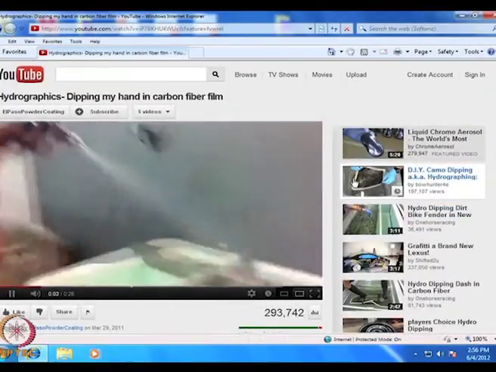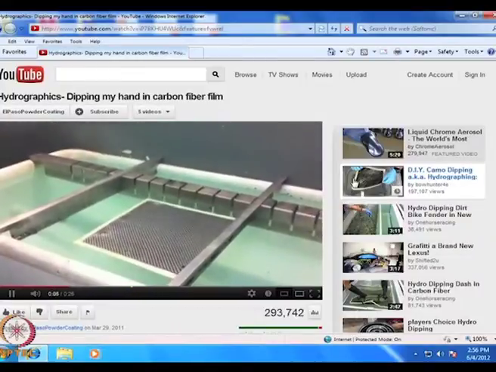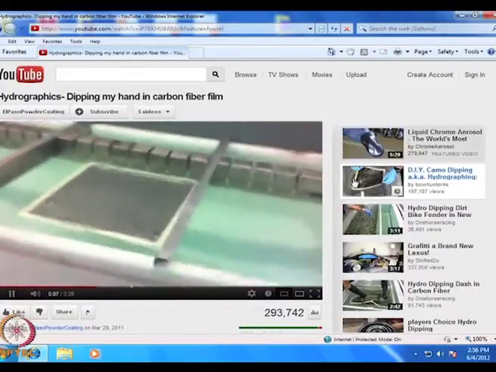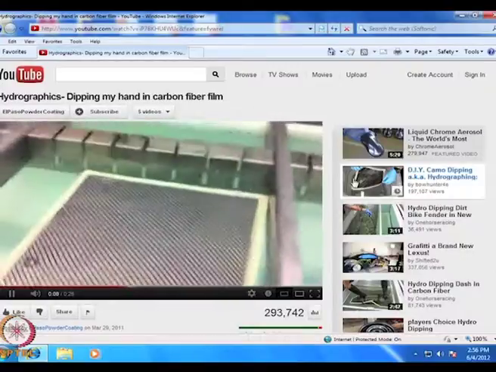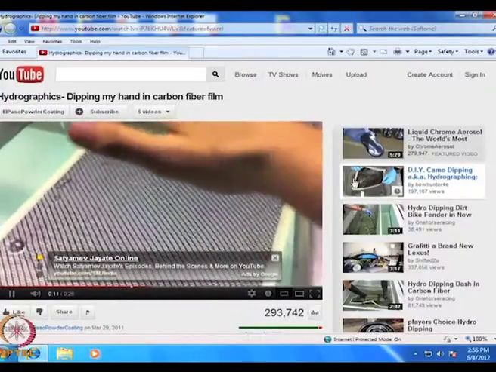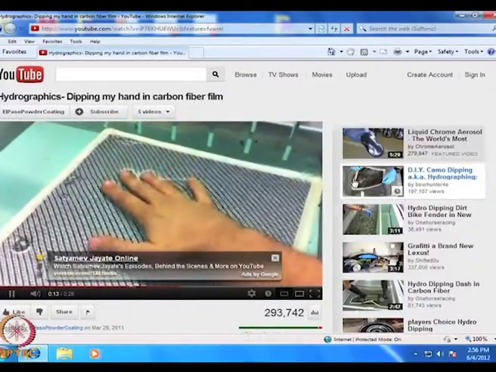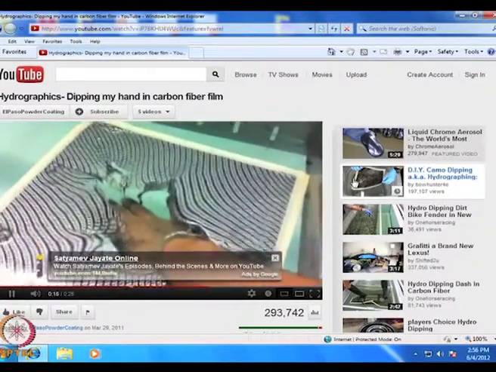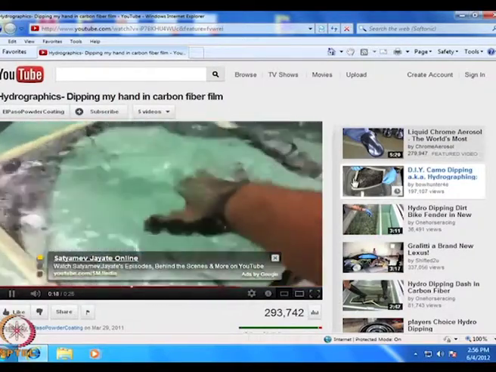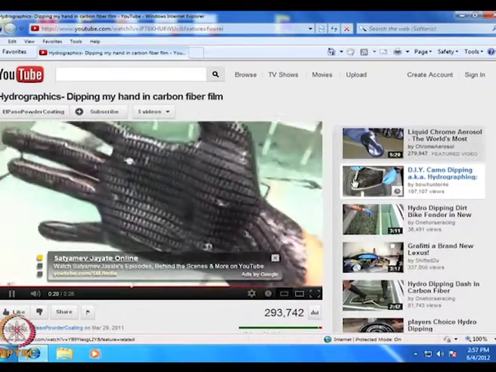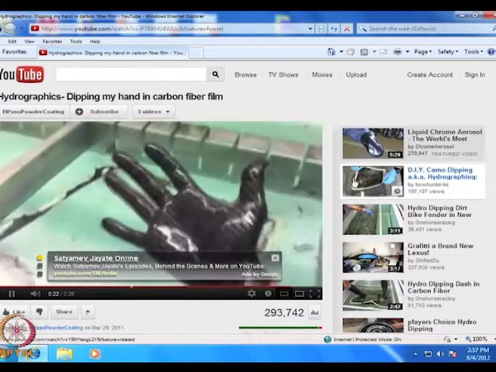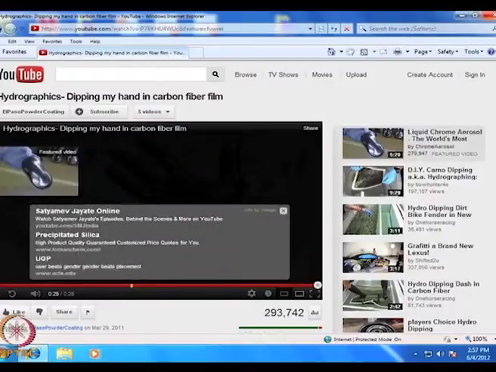here the person will simply immerse his hand into water where there are carbon nanotubes forming this pattern. Watch what happens. He immerses his hand in the water, takes it out, and his whole hand is coated with carbon nanotubes.